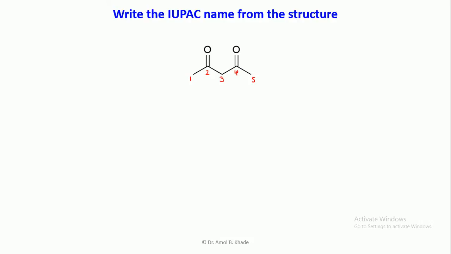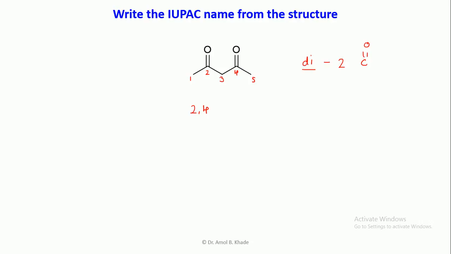Okay, so we can write a hydrocarbon chain, it is a pentane, and there are two keto groups, so we can represent as di, for indicating there are two keto groups or functionalities, and we have to indicate at what position these are.